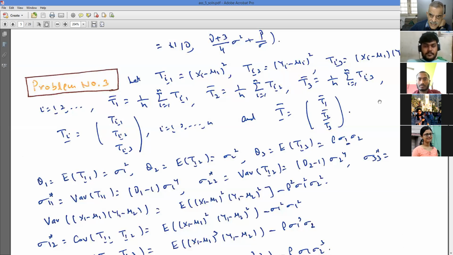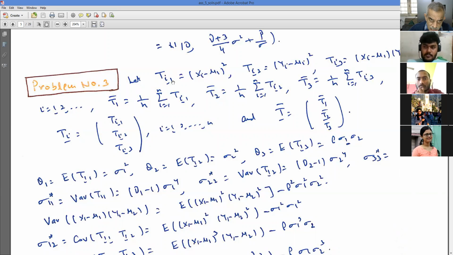So I know that this T bar has to be subtracted with (theta 1, theta 2, theta 3). Now I look at the variance covariance matrix. So first I look at the first diagonal element, which will be nothing but the variance of Ti1, which is the variance of (xi minus mu1) whole square. What is the variance of (xi minus mu1) whole square? It is expected value of (xi minus mu1) to the power 4, minus expected value of (xi minus mu1) square, whole square, right?